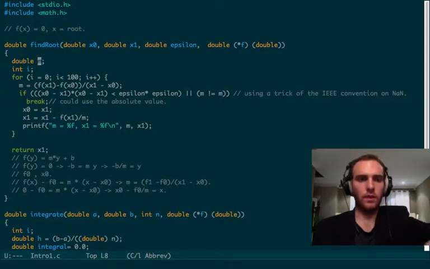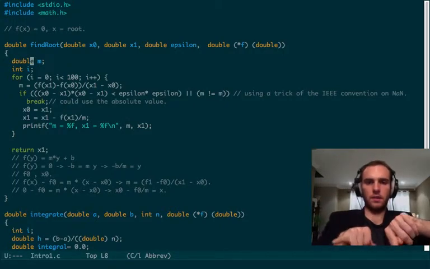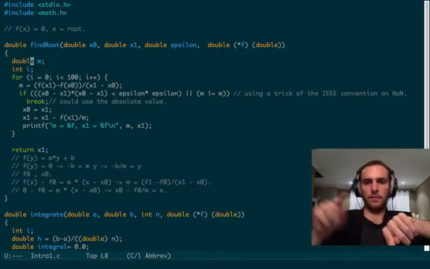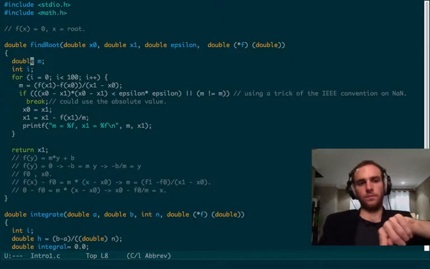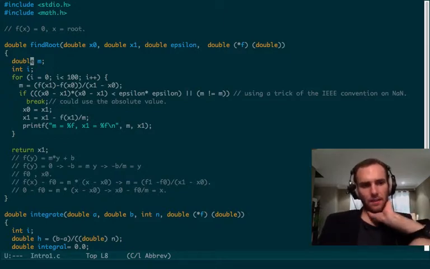Okay, so the question now would be, what do you do if the secant crosses the x-axis outside your interval? And that couldn't actually happen. Yeah, it couldn't happen.